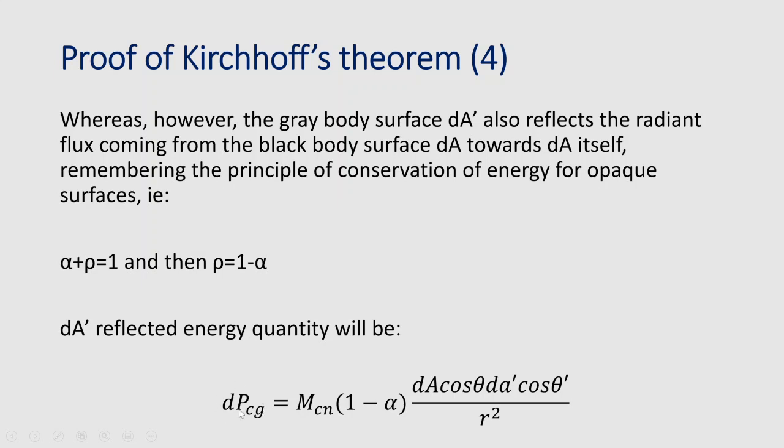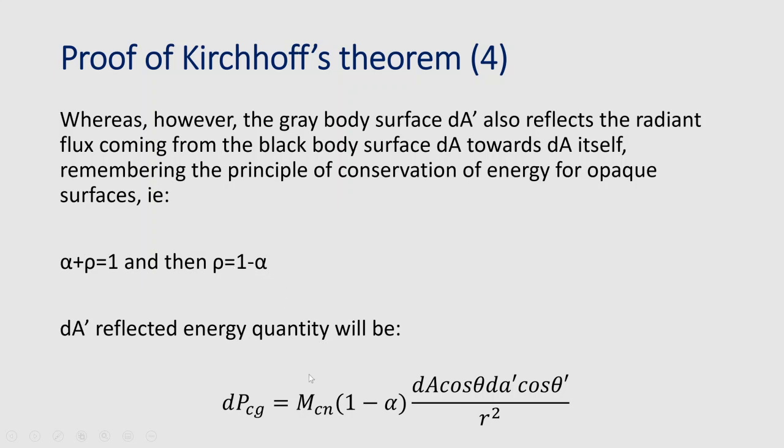So this quantity of energy coming from the gray body will be the energy that was emitted by the black body, the excitance M_CN, multiplied by 1 minus alpha, which is equal to rho. I mean, all the energy of the black body, the excitance of the black body striking the gray body, will be reflected with a quantity proportional to the rho coefficient, which lies between 0 and 1.